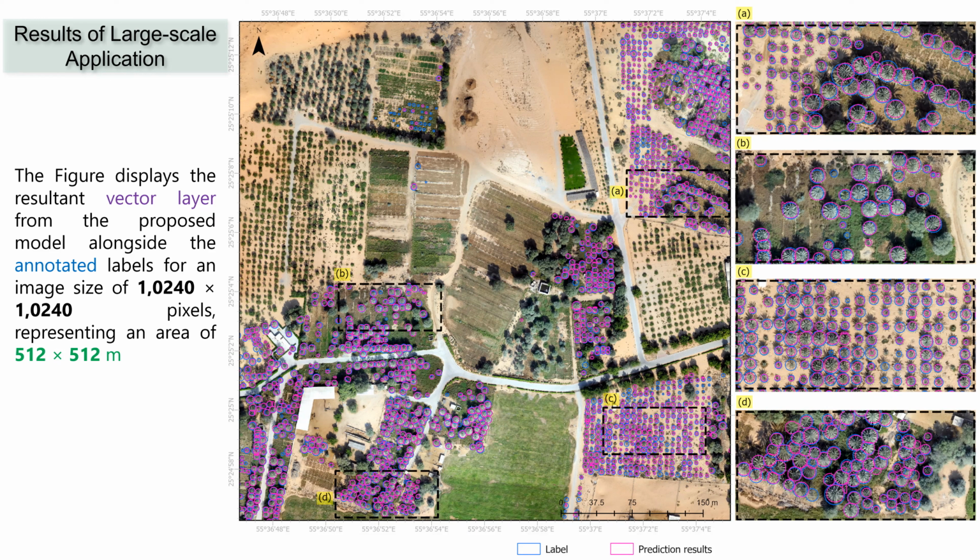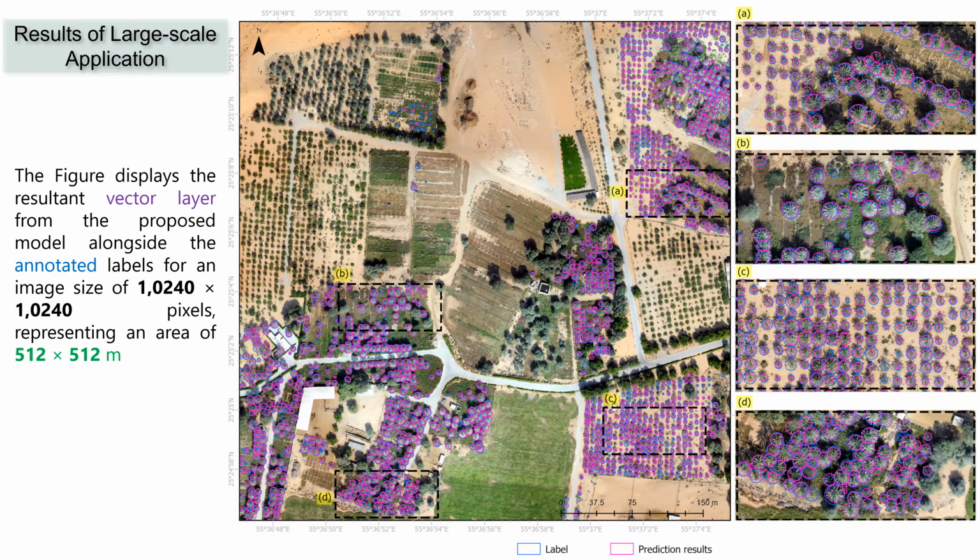We have also applied non-maximum suppression to refine the result. So we can see here the result of 500 meter by 500 meter, almost a square kilometer, and the comparison between the ground truth data and the result of the deep learning model, which is a remarkable result.